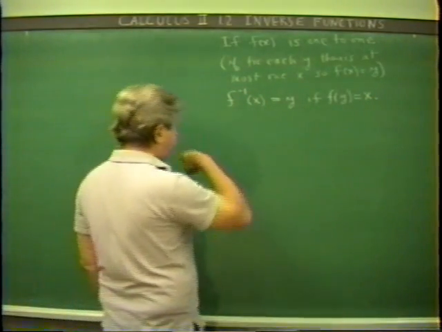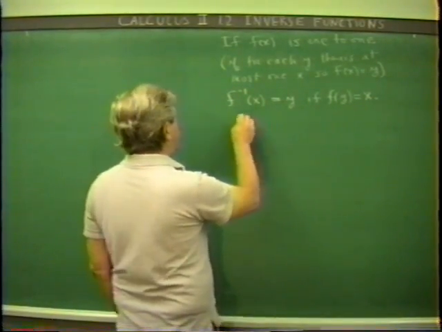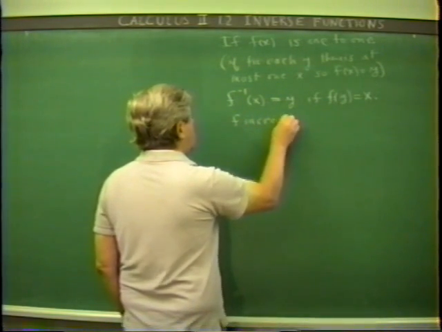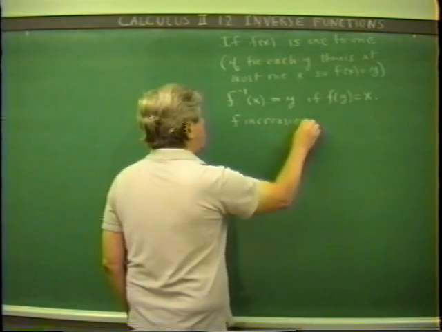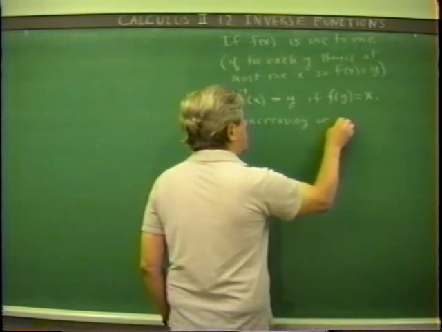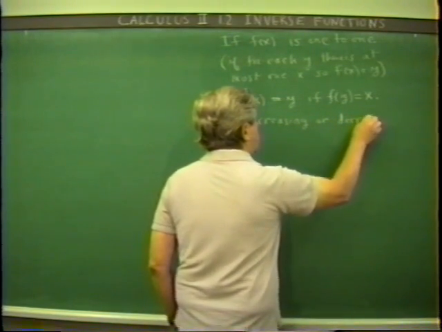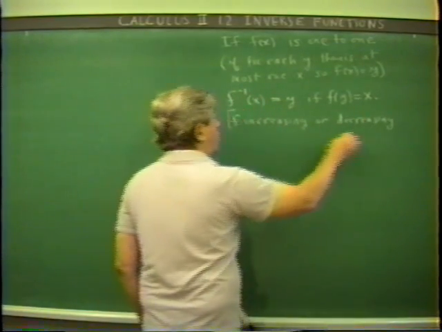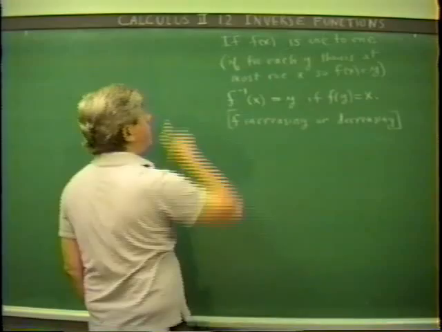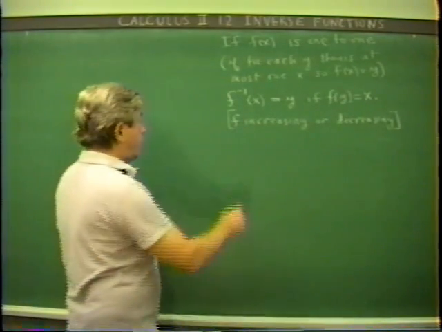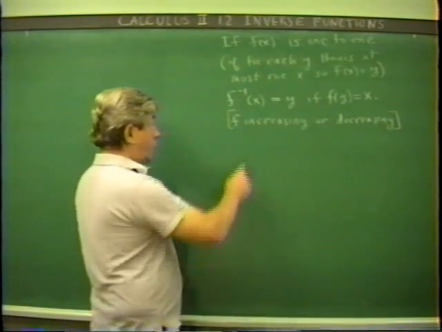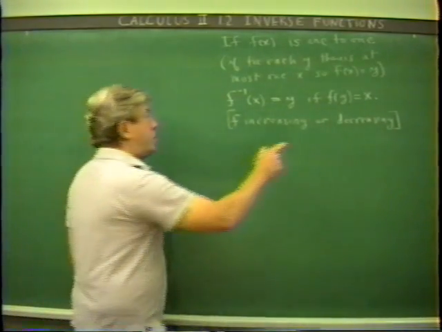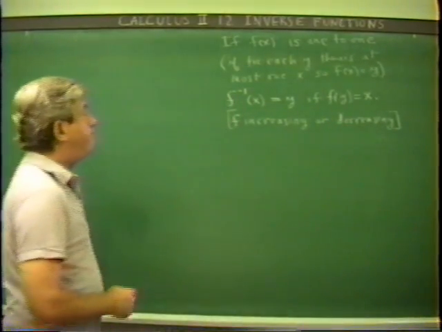In particular, if a function f is strictly increasing or decreasing, then it's going to have an inverse. It's going to be 1 to 1, because if x1 is less than x2, then f of x1 will be less than f of x2 in the case where it's increasing. And a similar situation holds with decreasing.